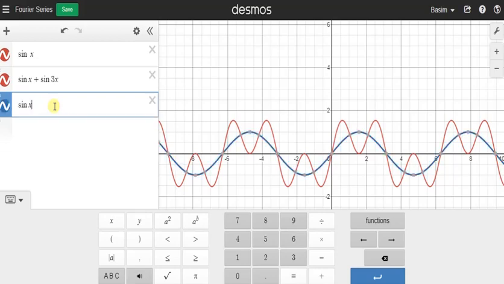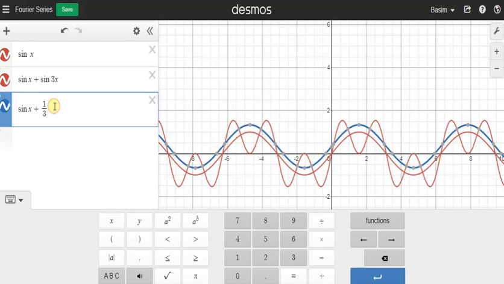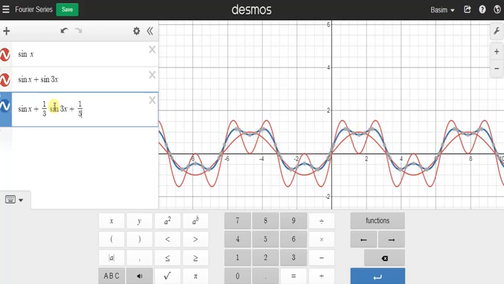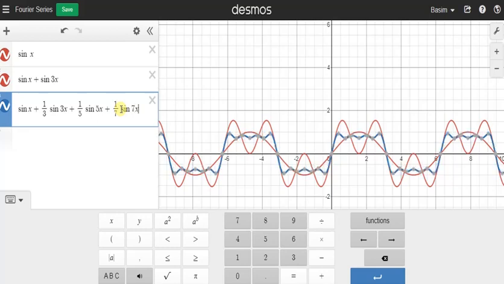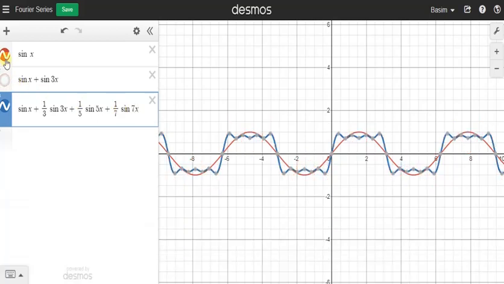So I am considering sin x plus some coefficient 1 by 3 into sin 3x plus 1 by 5 into sin 5x plus 1 by 7 into sin 7x. Now if you see the graph, this graph actually approaches the graph of a square wave signal. Or if I add more terms, then this graph will be a graph of a square wave.